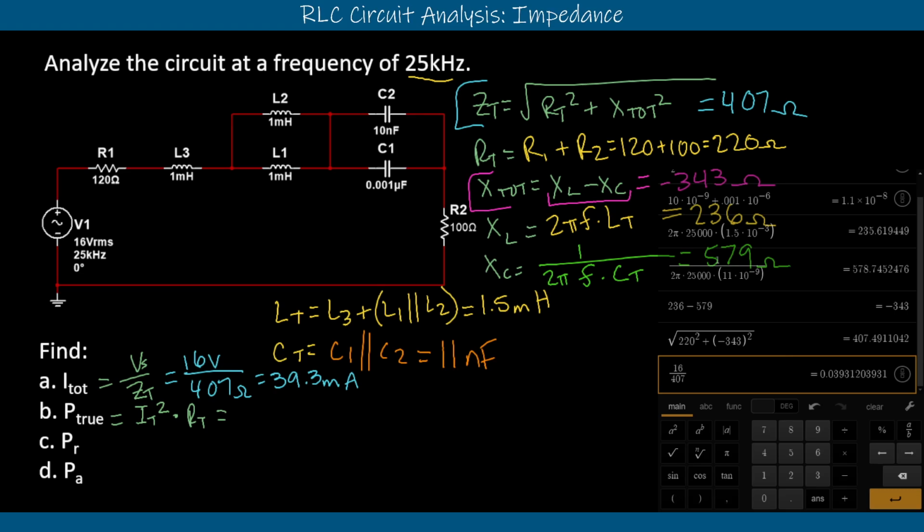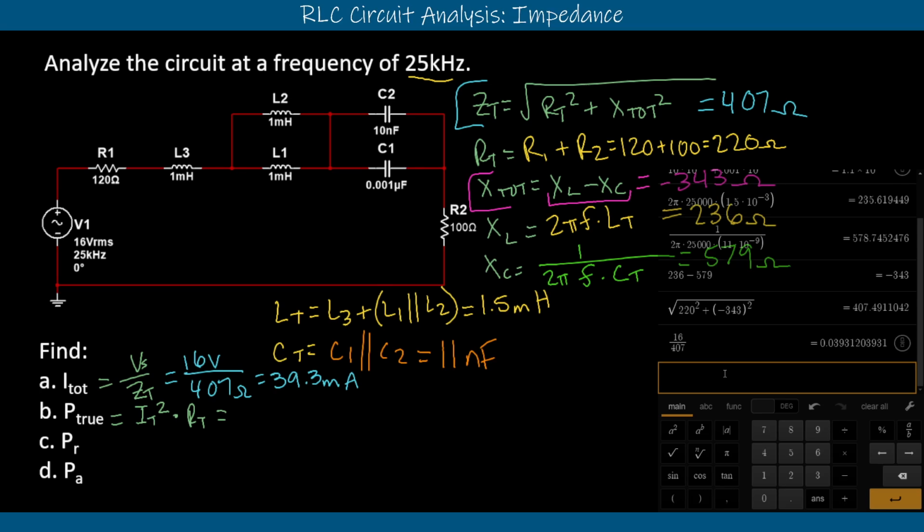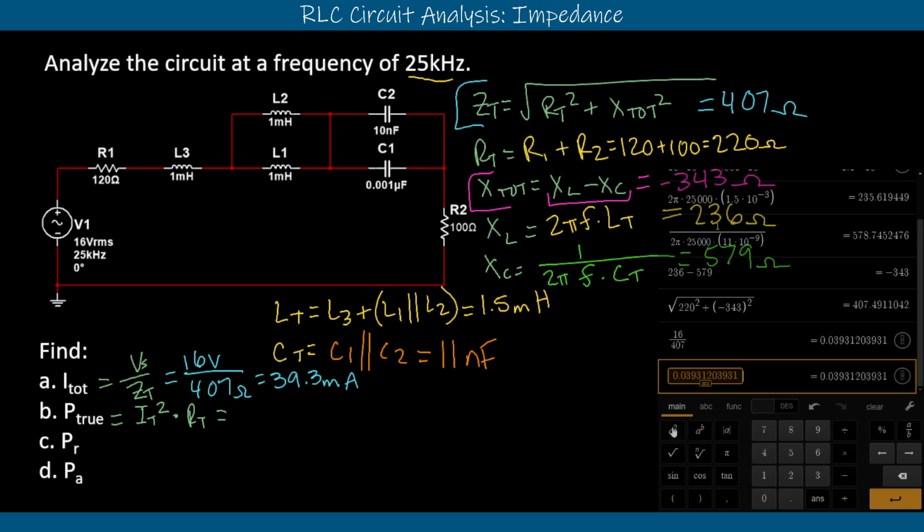We can solve for that here. We know what our current is. It's the last number we had. And so we can say that our answer squared multiplied by our resistor total, which is 220. So the power in our resistors should be 340 milliwatts. That's just in those two resistors. So that's our true power.